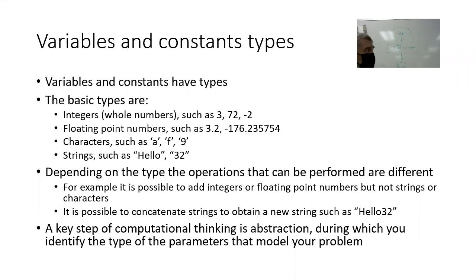Okay, so here's a little bit about the types of values that can be stored by variables. We've got a couple of different types of numbers, integers and floating points. Integers require a lot less storage space than floating points.